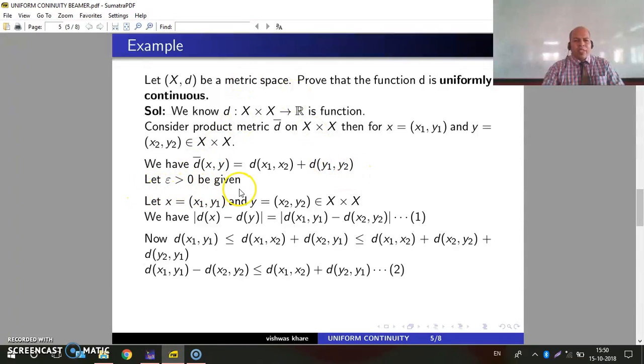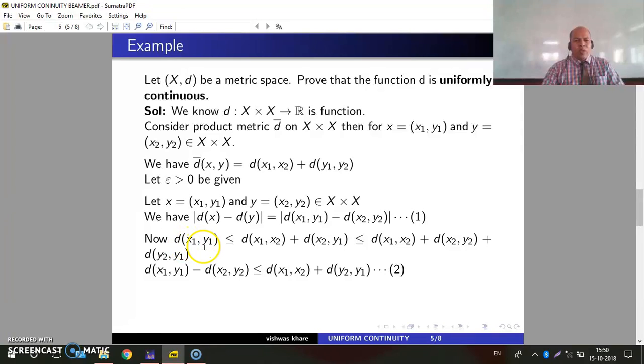Let epsilon greater than 0 be given. Let x equal to (x1, y1) and y equal to (x2, y2) belong to X cross X. Then we have modulus of d(x) minus d(y) equal to d(x1, y1) minus d(x2, y2), equation number 1.